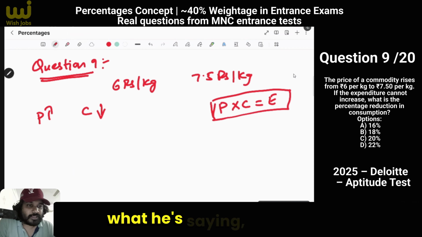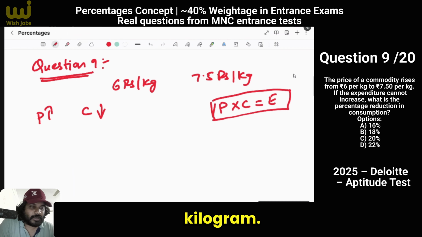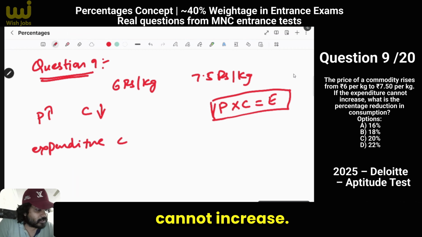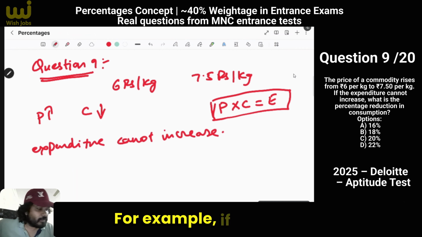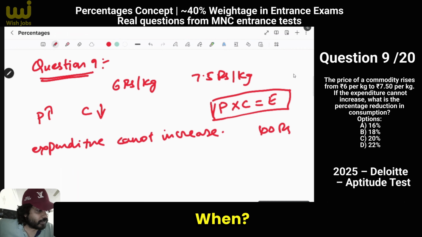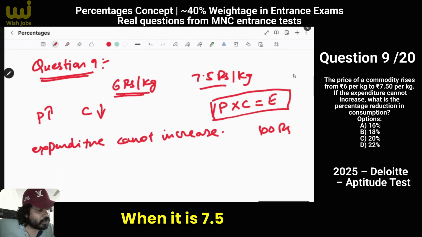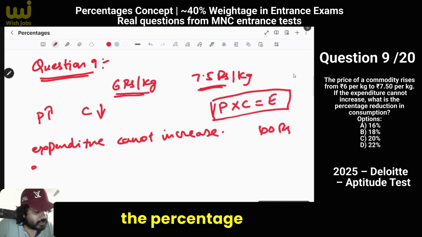The price increases from rupees 6 per kg to 7 rupees 50 paise per kg, and expenditure cannot increase. That means you have the same expenditure in both scenarios. For example, if expenditure is 100 rupees, when the price is 6 rupees and when it is 7.5 rupees, the expenditure is the same. He's asking what is the percentage reduction in consumption.